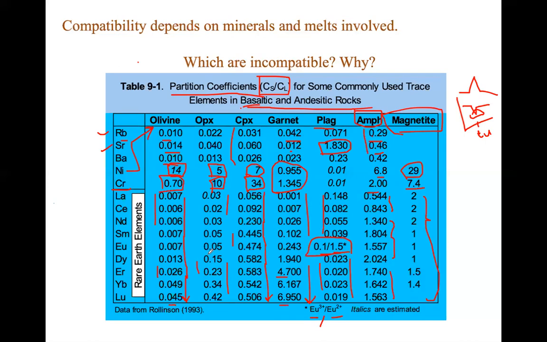These elements will partition into that according to this table. But if you want to define a partition coefficient for an entire rock, then you have to consider each and every phase with their modal percentages. Otherwise you can't.